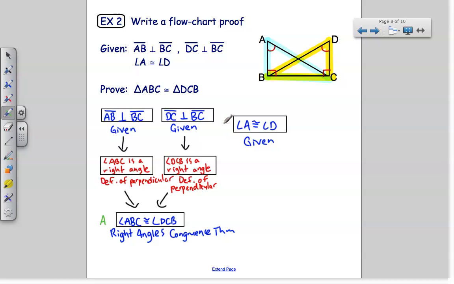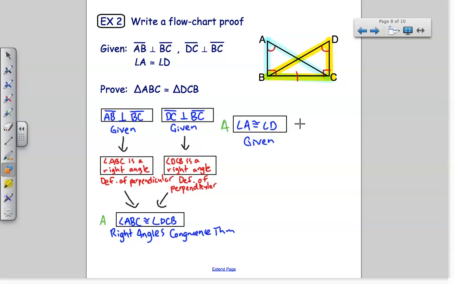Alright, automatically I had another pair of angles congruent. There's got to be something else. What else are we given in this situation? Or maybe not given, I guess, because we have to find something else. Right at the beginning I said, did you notice that these triangles share something? They share a side. They both have side BC. You can tell because it kind of turned green there. So I know that side BC in both triangles is congruent to itself.